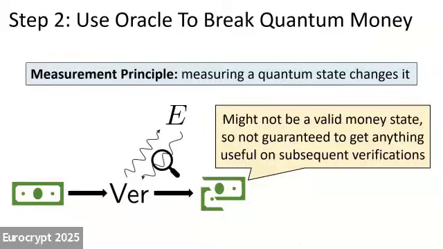The issue is that in quantum mechanics, we have this thing called the measurement principle, which says that measuring a quantum state actually changes it. So when I measure the query by the verification algorithm, I might no longer have a valid banknote. I might have actually broken the banknote, and this ruins all guarantees for future evaluations.